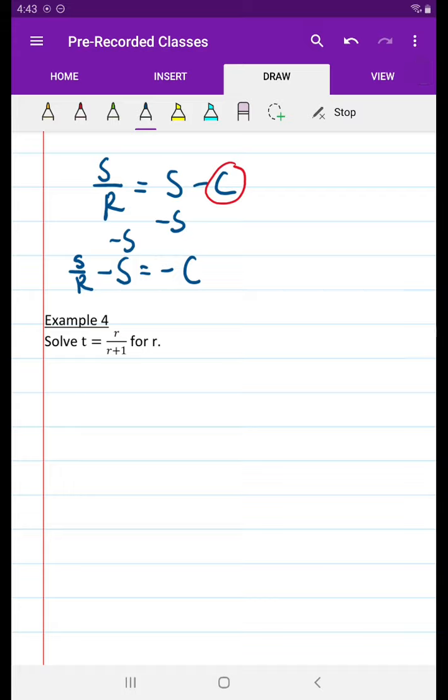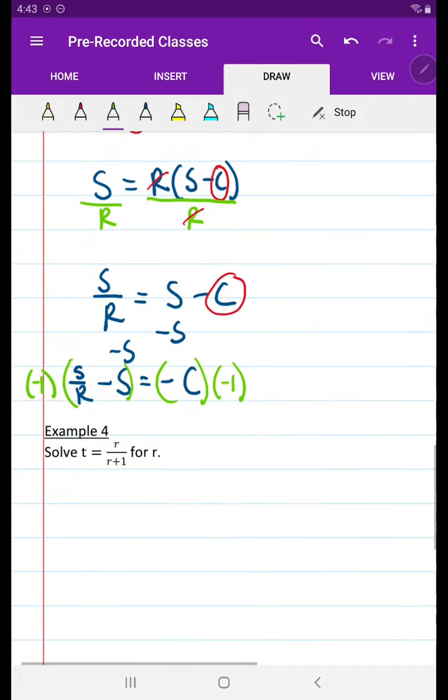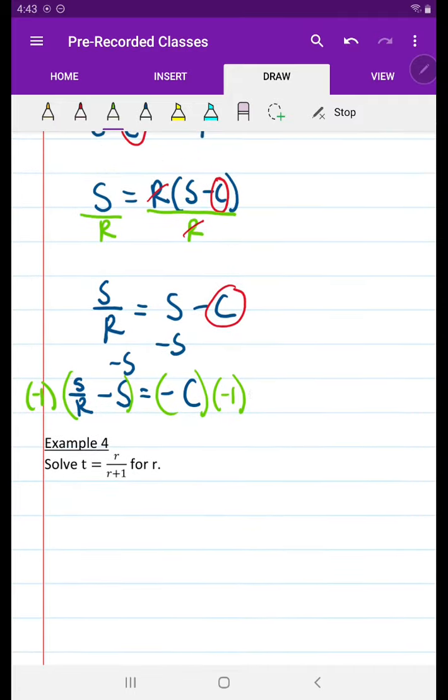So then what I could do is I could multiply both sides by a negative 1. That'll flip all of my signs. So if I multiply both sides by a negative 1, I have negative s over r plus s, because I just took this negative 1 and distributed it, equals a positive c.